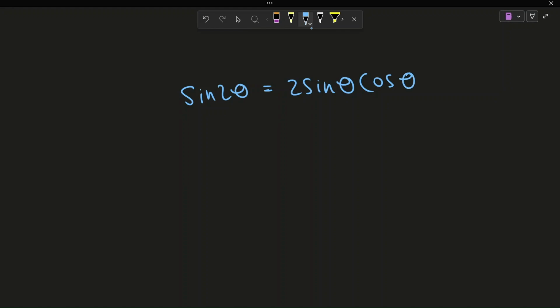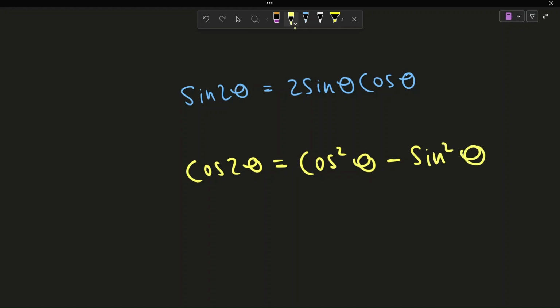You can only do this when you have sine theta and cos theta. Now say conversely, you want to find cos 2 theta when you have sine theta and cos theta. To do that, you're going to use this identity: cos 2 theta is equal to cos square theta minus sine square theta.